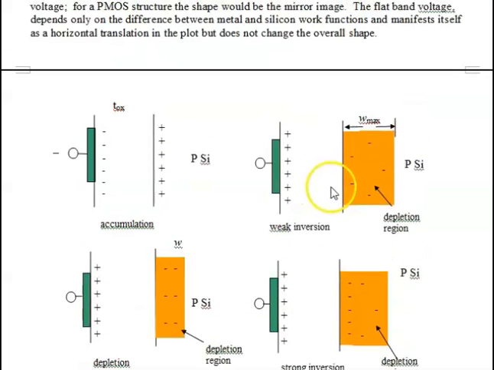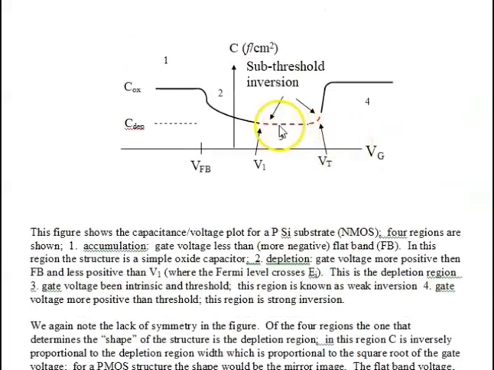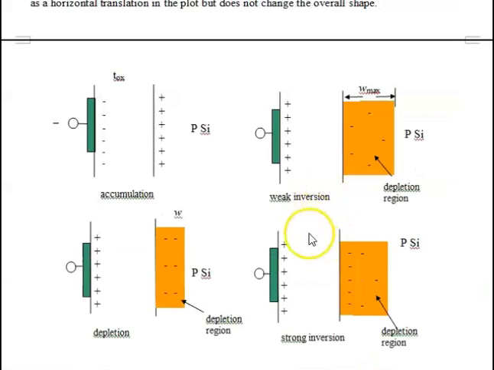In weak inversion, we start to push a couple of mobile electrons onto the interface here, and every time we increase the positive voltage on the gate, we attract electrons to the interface, and therefore this width basically stays the same, and that's why the capacitance basically stays the same until we get to strong inversion, or threshold, which is the demarcation between weak inversion and strong inversion.